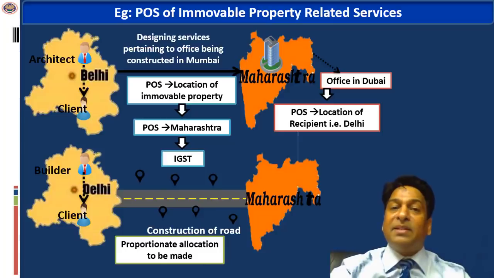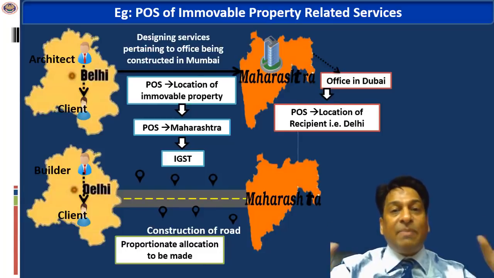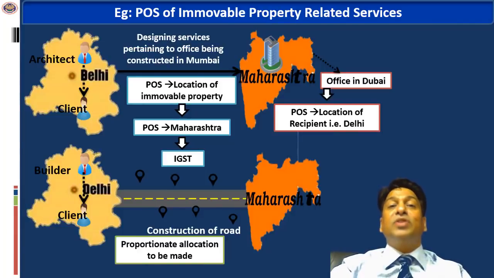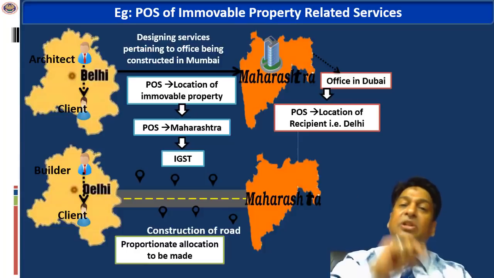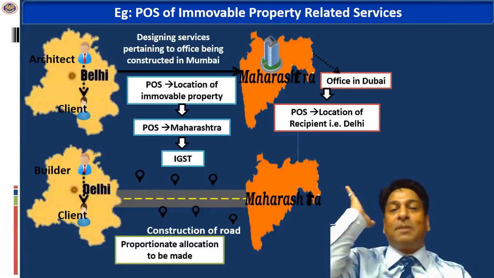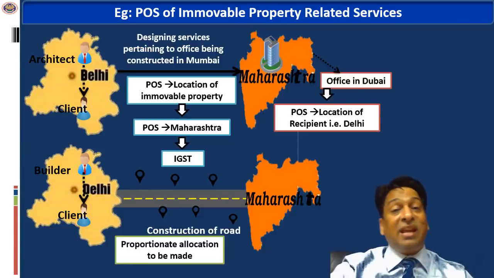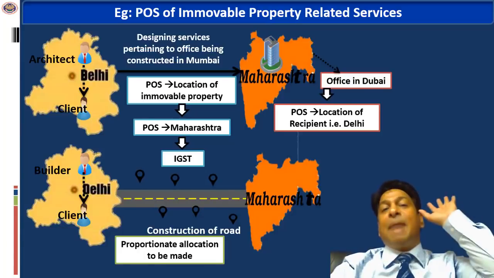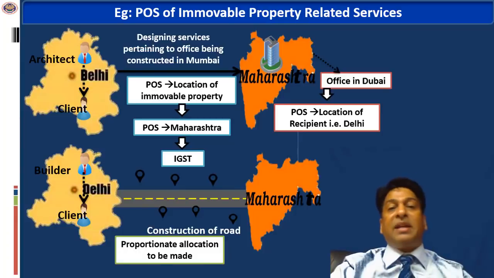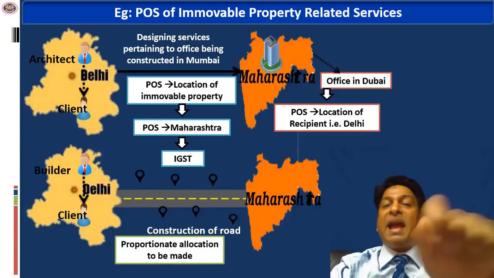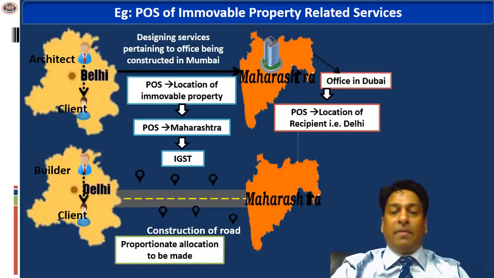So what happened in this case? GST is leviable, whether as intrastate or interstate: the transaction would be intrastate because the location of the recipient would be the place of supply. CGST and Delhi SGST are applicable, even though it relates to a property located or intended to be located at Dubai. First part. Second part, below.